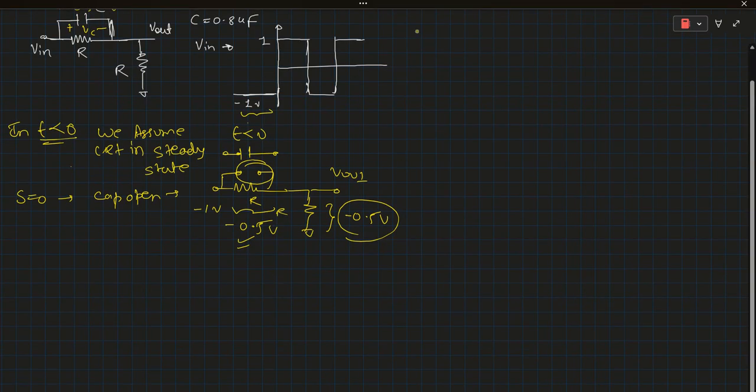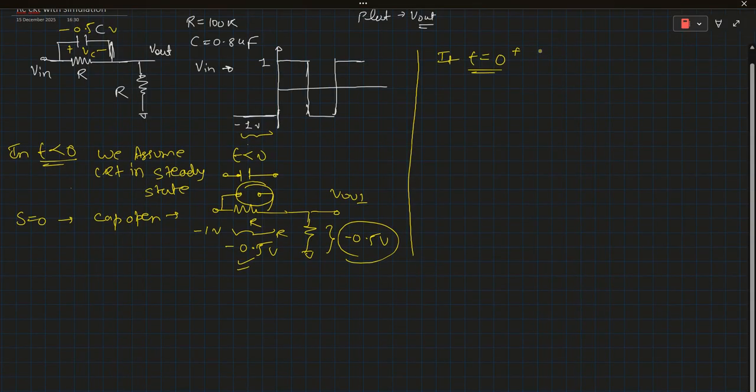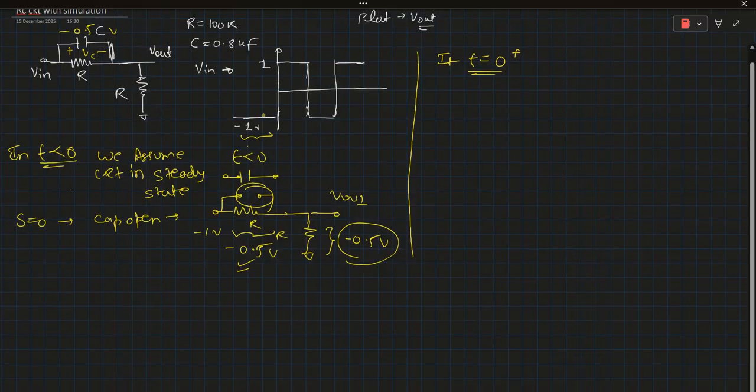Now if we analyze the circuit in the t equals 0 plus time frame, we can see the pulse input is there, and the circuit will look like this.